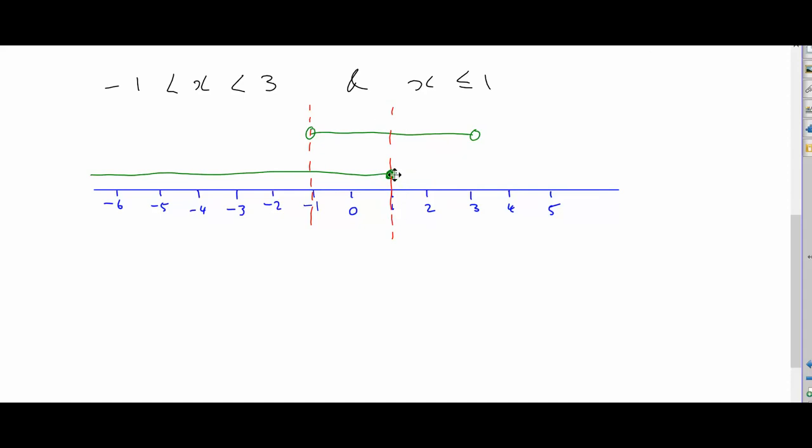It includes the plus 1, but it doesn't include the minus 1, because minus 1, although it's included in the second range, x is less than or equal to 1, it's not in the first range, and therefore is not in both. So the solution of both inequalities together then are x is greater than minus 1 and less than or equal to plus 1.